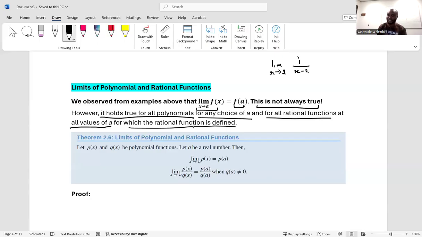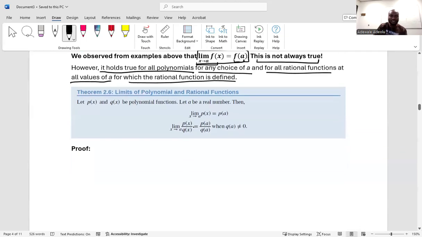So for example, this is a rational function, but this function is not defined at x equals 2. So in that case, we will not be using this approach to solve the limit of this. I hope that makes sense to you.